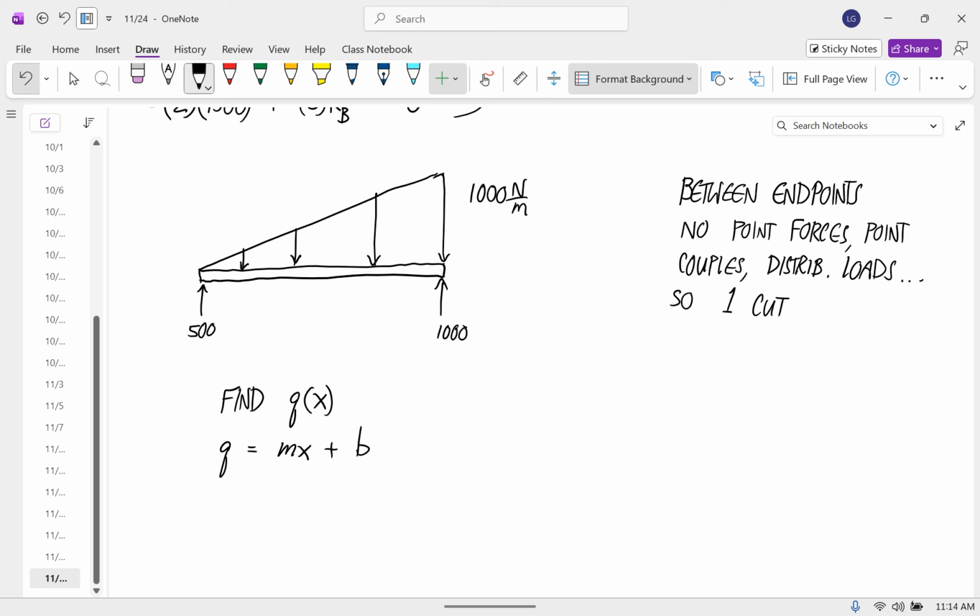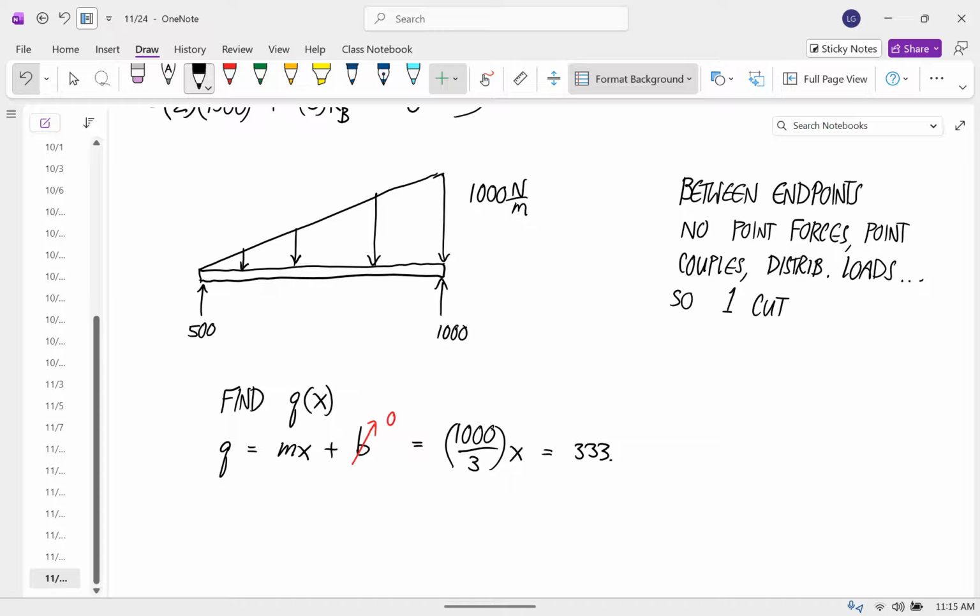What's the y-intercept of that line? 0, because when x is equal to 0 on the left end, the height is 0. So this goes away. And so this is equal to the rise over run. So 1,000 divided by 3 times x.